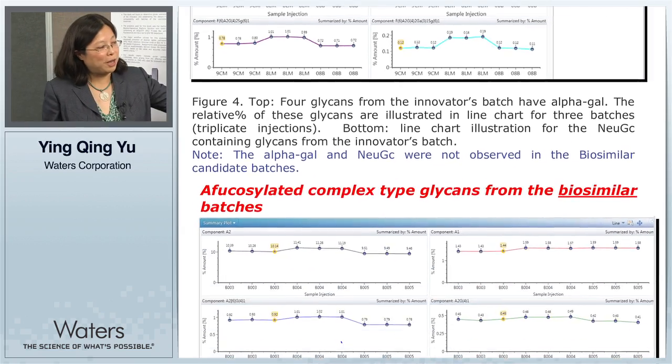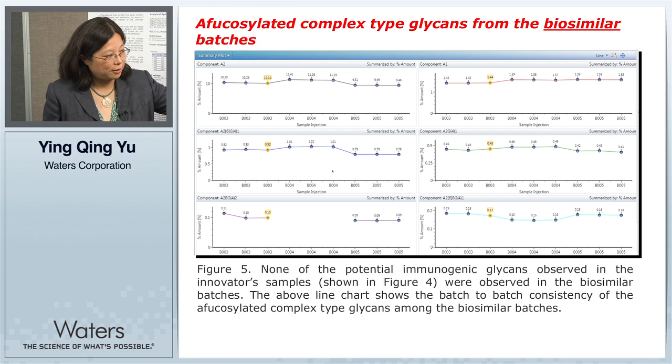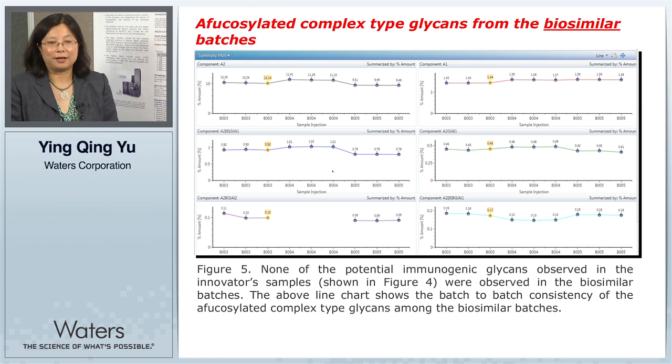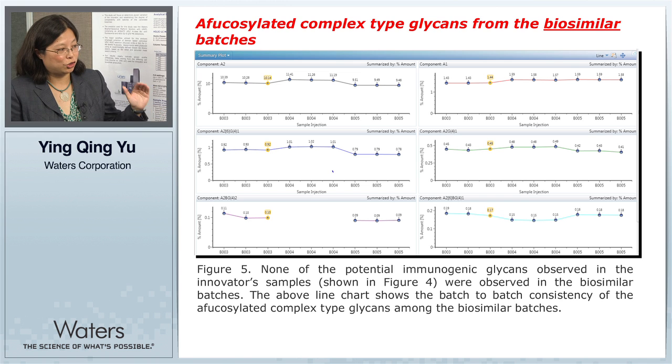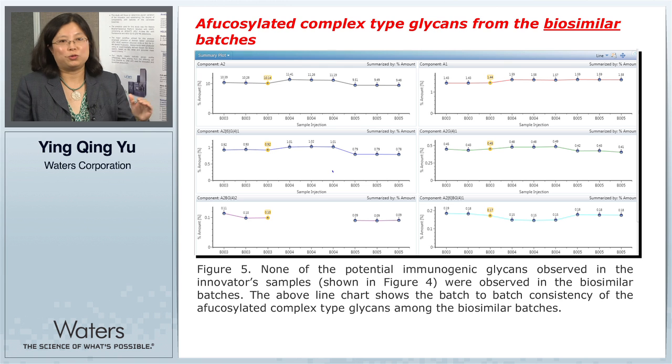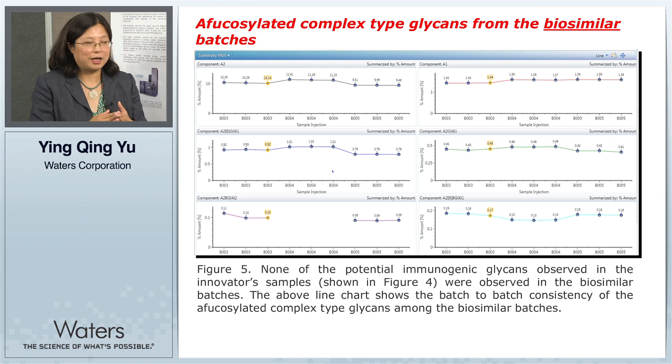For the biosimilar Infliximab, I put together a list of afucosylated complex type glycans from the 3 batches. Those glycans show great consistency across triplicate injections and 3 batches, which gives a good indication that those biosimilar candidates are very well made.